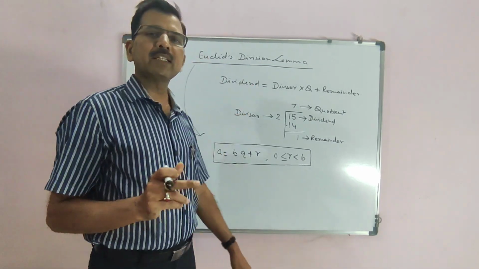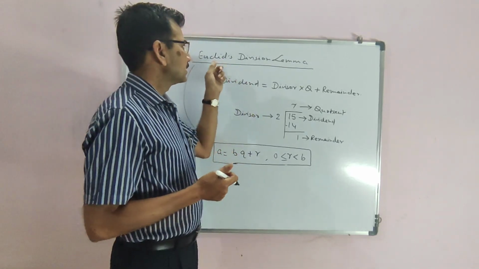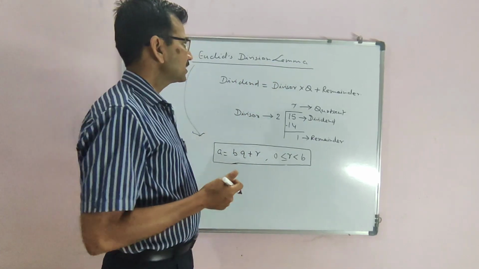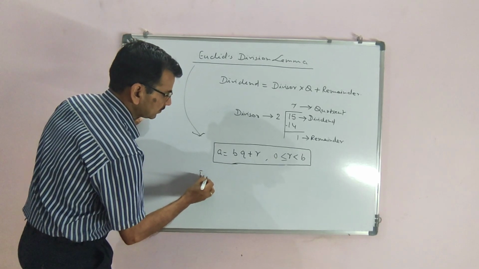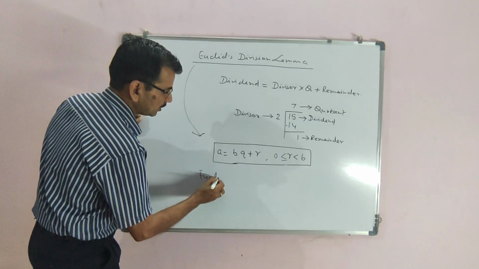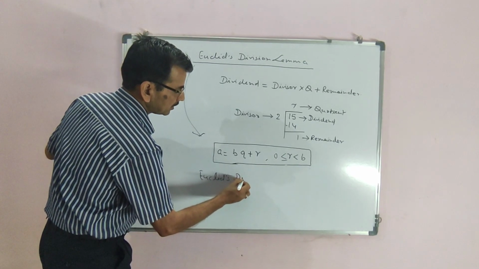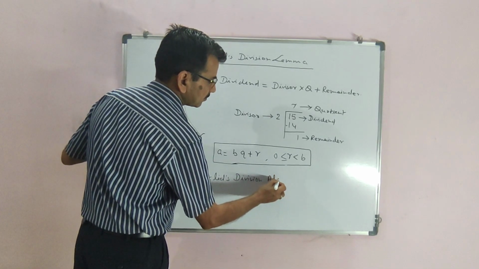But before going to that, one more term comes here in our study, that Euclid's division algorithm. Let us write here. What is the meaning of that? We'll see here. Euclid's division algorithm.